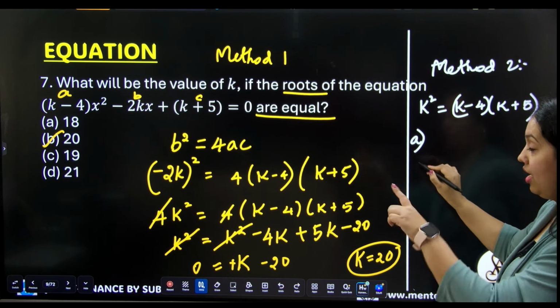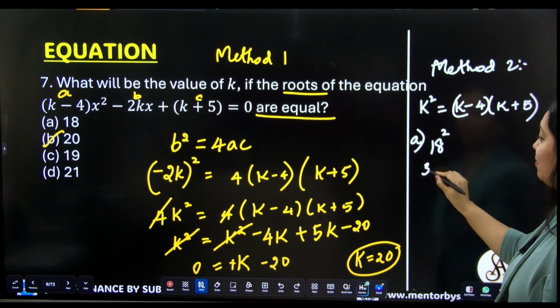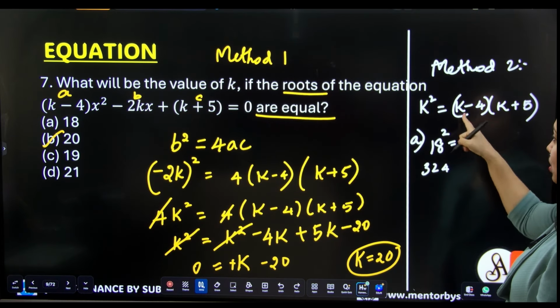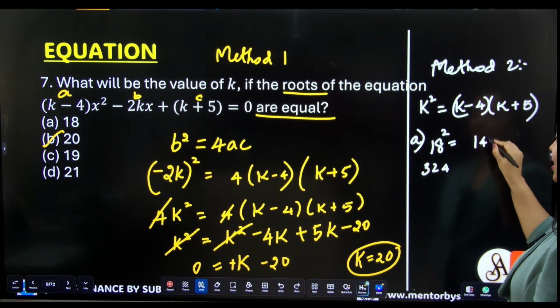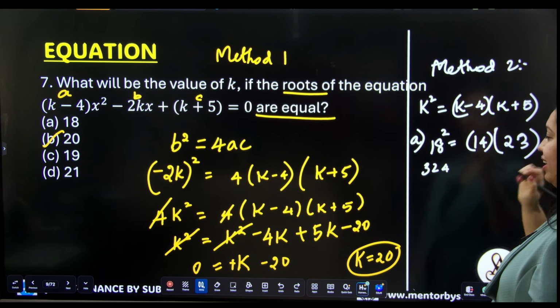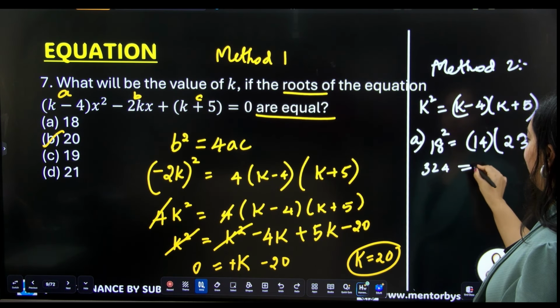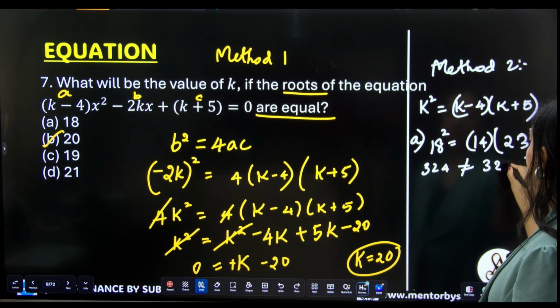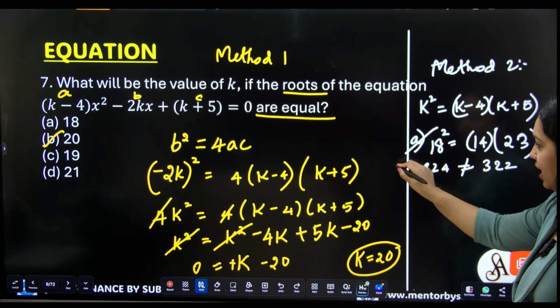If I take option A, 18, whether 18 square, 324, is equal to k minus 4, which is 18 minus 4, k plus 5 is 18 plus 5. So whether 24 into 23 is equal to 324, no ma'am, I'm getting the value as 322. So option A is wrong.